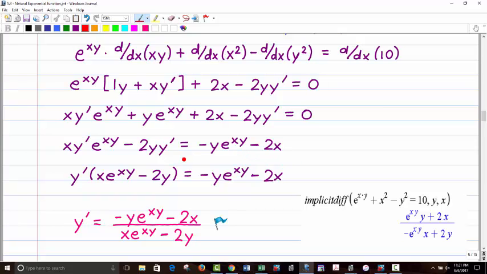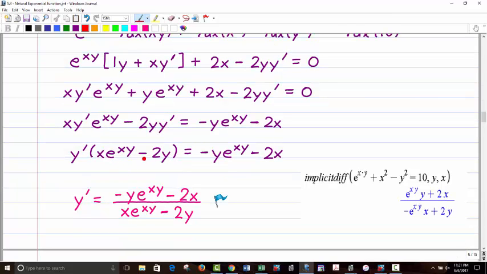Because once you do that, you factor out a y prime, which I did right here. And then when you factor out a y prime, you divide both sides by what you factored out. So we end up with negative y e to the xy minus 2x, divided by what was left after we factored out y prime, which is x e to the xy minus 2y.